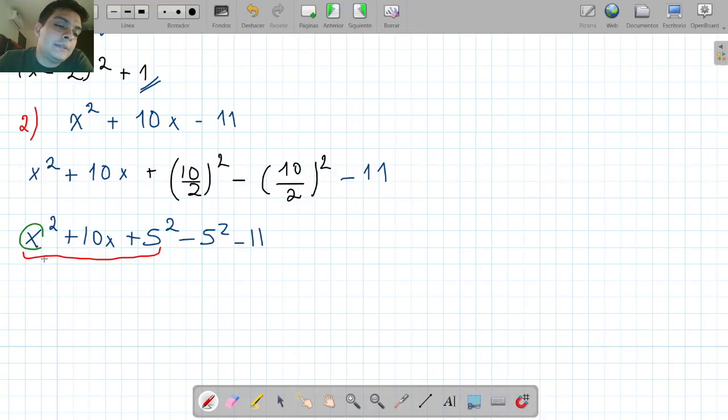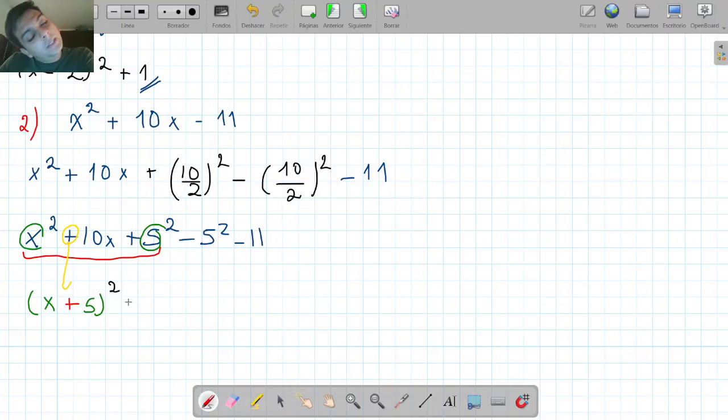We take the x, we take the 5, and we take the sign in the middle, which is plus. And we, of course, have to square it. What do we have outside? We have 5 squared, which is 25, minus 25 minus 11, which is minus 36.